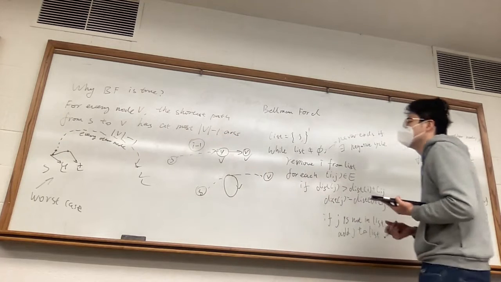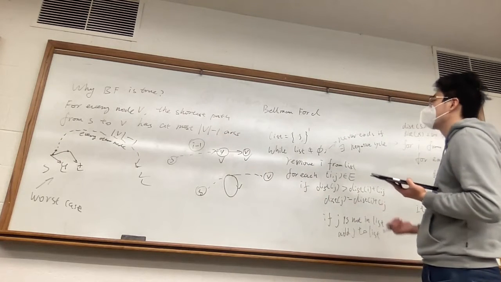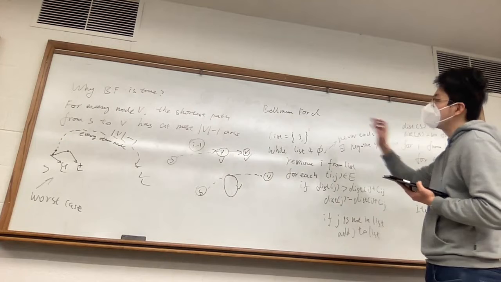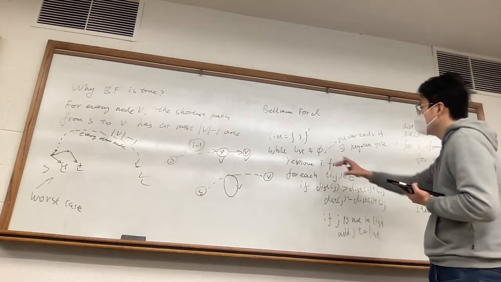So if you want to detect a negative cycle, you just need to make a small modification to Bellman Ford.